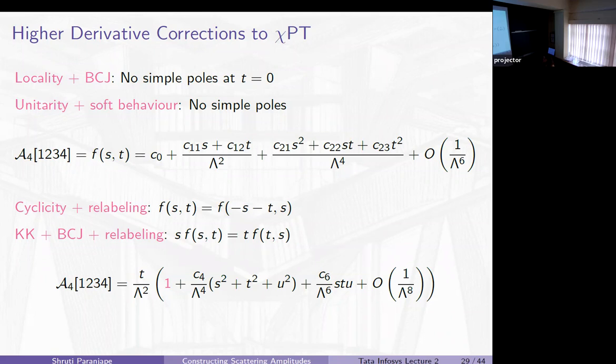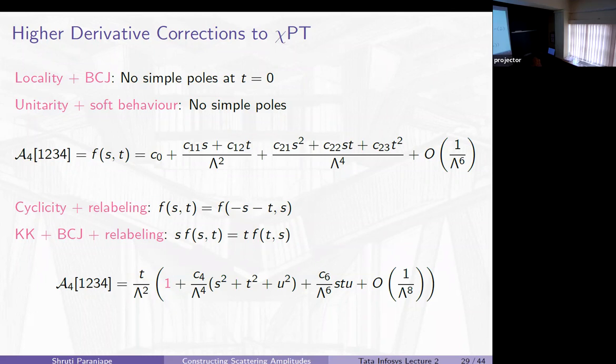If you don't have 3-point amplitudes to factorize into, then your 4-point amplitude can't have poles. So now my job becomes much simpler. I just need to write down these local polynomials of S and T to all orders, because of locality and BCJ, with no simple pole amplitude.